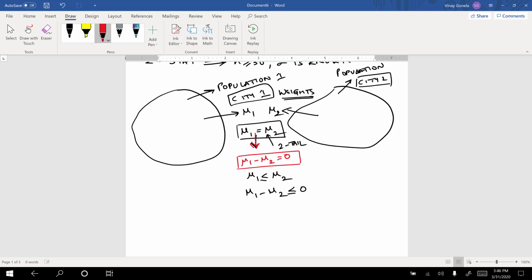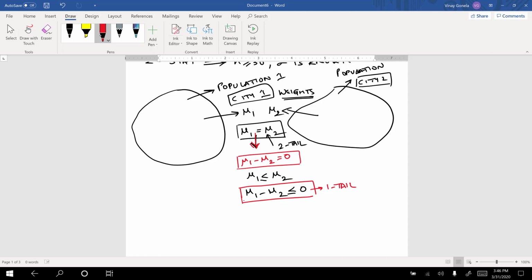If you see, we are analyzing one side of a normal distribution, so it will be a one-tail problem. So we are saying that population 1, city 1's people's weight, is less than city 2.